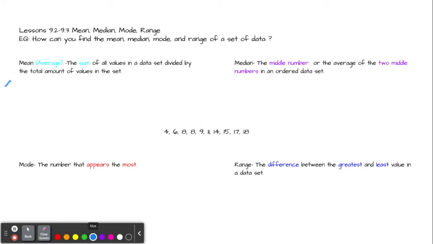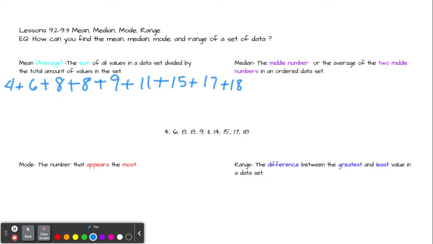So we're going to have 4 plus 6 plus 8 plus 8 plus 9 plus 11 plus 14 plus 15 plus 17 plus 18. Okay, so make certain that you show that. And it says we're going to divide the total amount by the amount of values in the set.